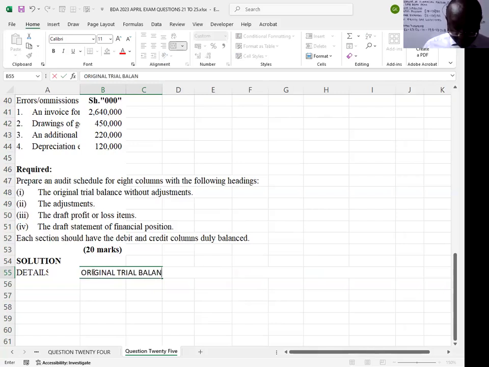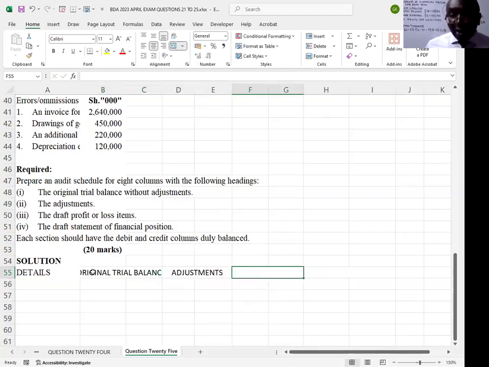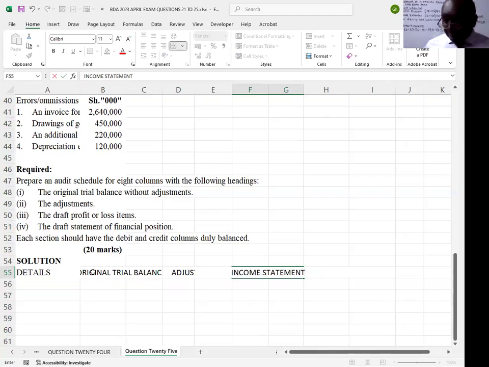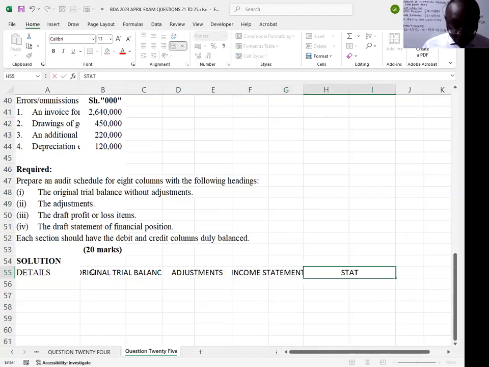This other one is the adjustments. This other one, let me call it income statement. And this other one is the statement of financial position.